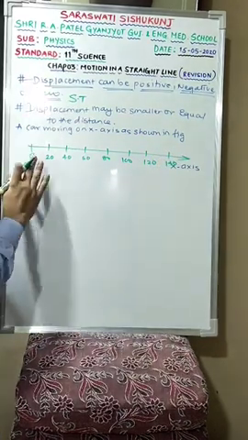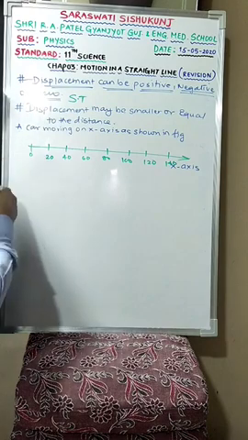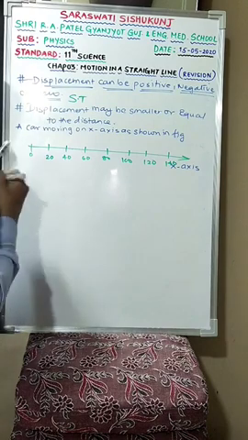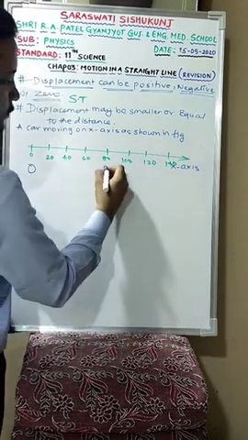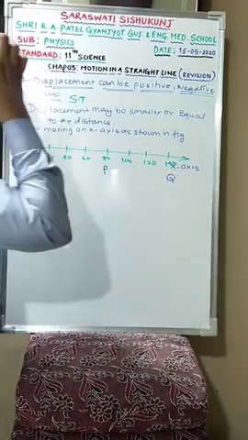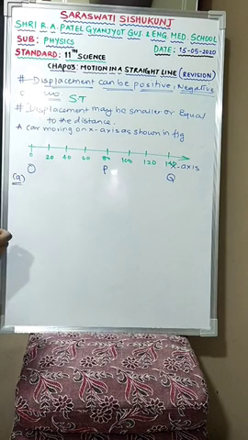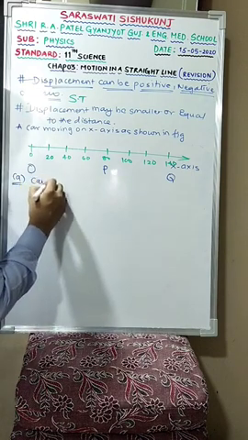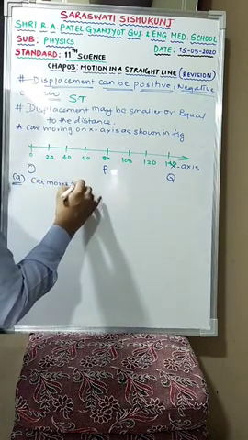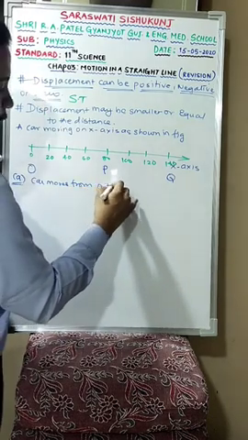Is this clear? It starts from O, goes to P, and goes to Q. Here I am taking case A. The car moves from O to P.